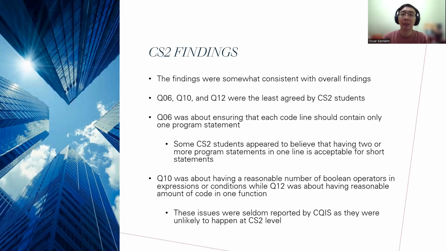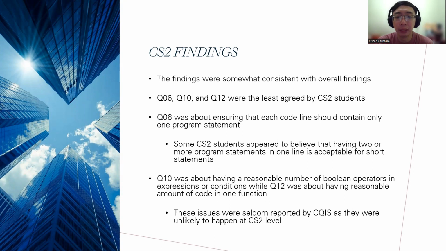For CS2 findings, they are also similar, except that Key 06, Key 10, and Key 12 were the least agreed by CS2 students. Key 06 was about ensuring that each code line should contain only one program statement. Some students appear to believe that having two or more program statements in one line is still fine, as long as they are short statements.